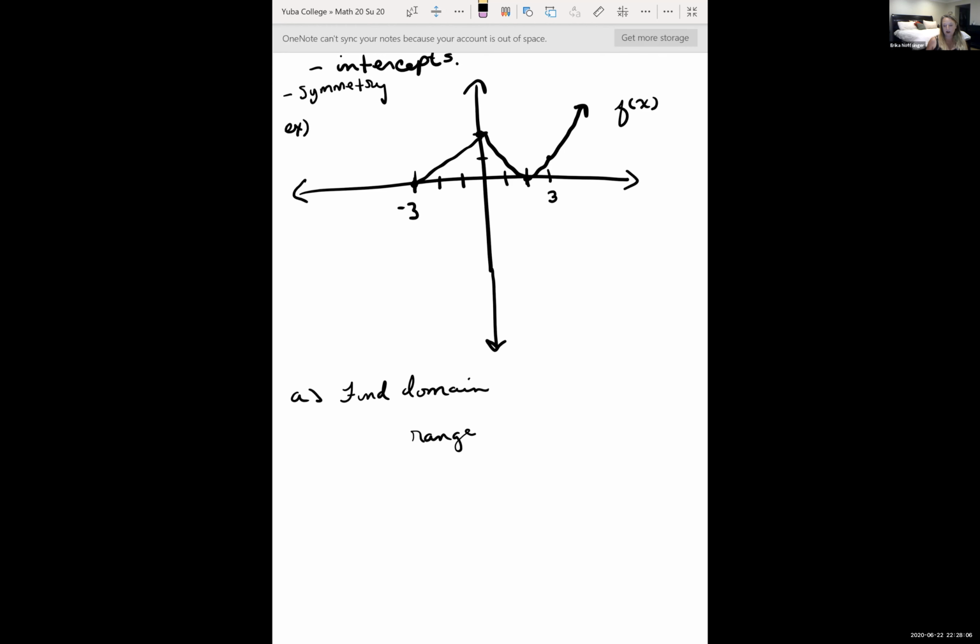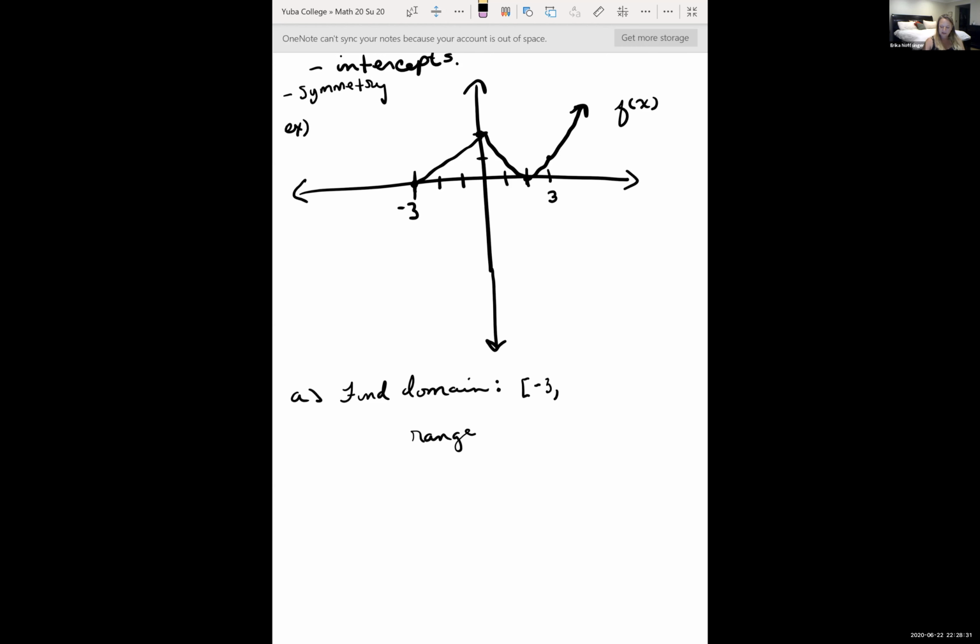So domain are all the x values. Because this is a solid circle at -3, 0, and the graph does not extend to the left of x equals -3, that tells me the domain is starting when x is -3. So the domain, putting it in interval notation, is -3, comma.